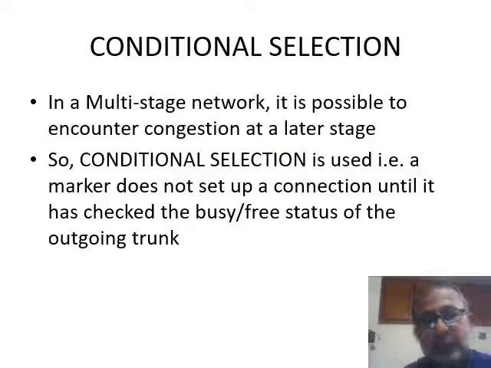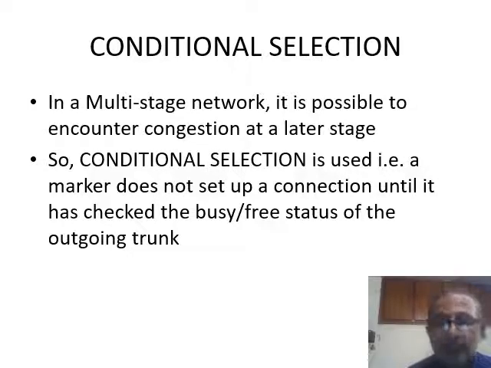Now let's see what is conditional selection. In a multi-stage network, it is possible to encounter stage congestion at a later stage also. So conditional selection is used, that is, a marker does not set up a connection until it has checked the busy or the free status of the outgoing trunk.